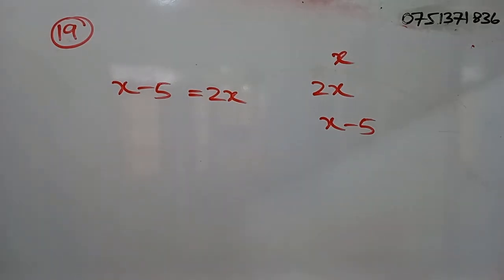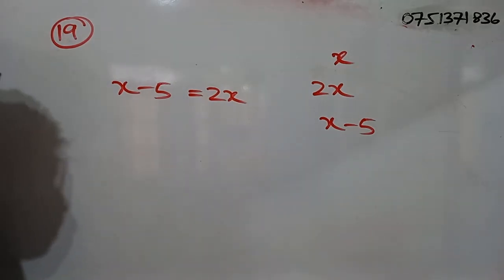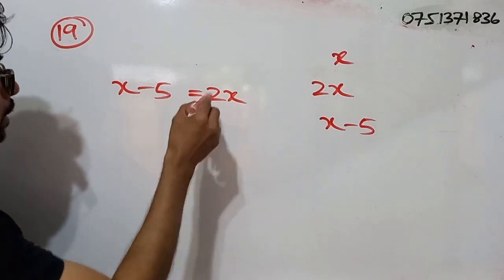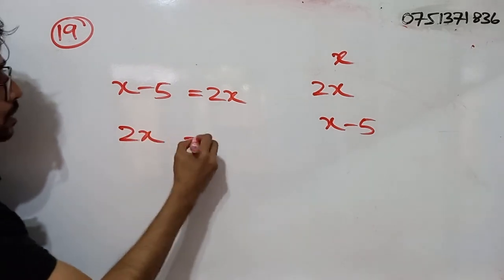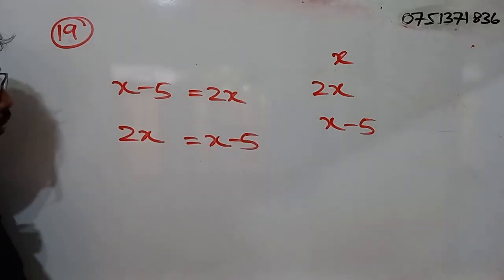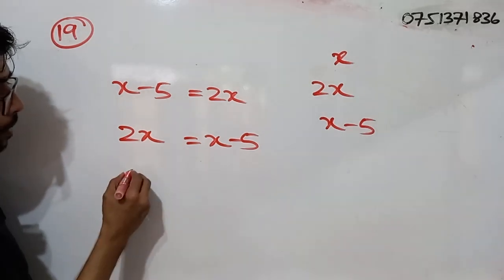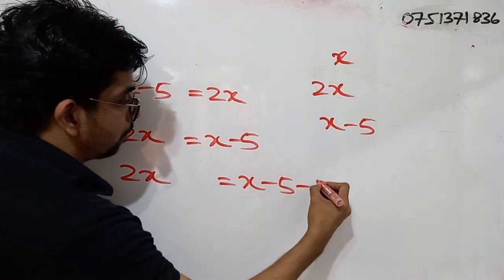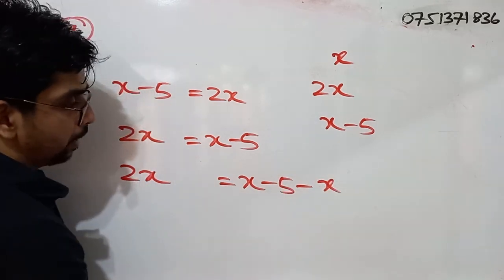So from here we can calculate a value for x, no? So I can rewrite this information in this manner. 2x is equal to what? X minus 5. Right? So that means what?